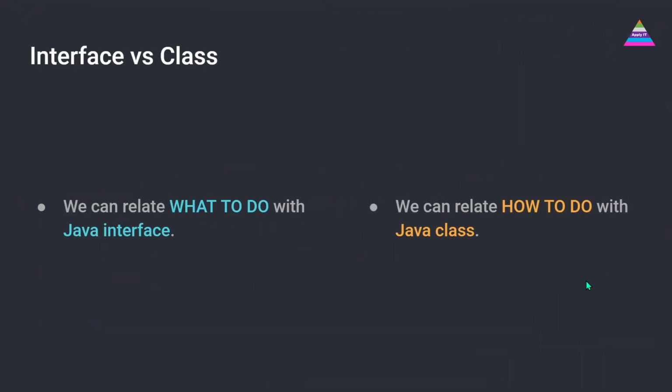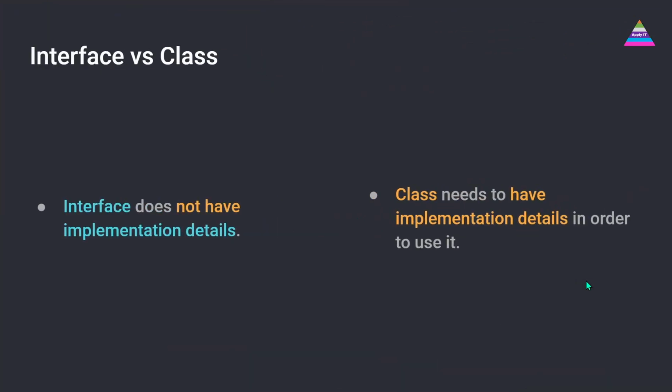These concepts are mapped in programming languages to interface and class. We can relate this what-to-do concept with a Java interface, and we can relate the how-to-do concept with a Java class. Interfaces do not have any implementation details.